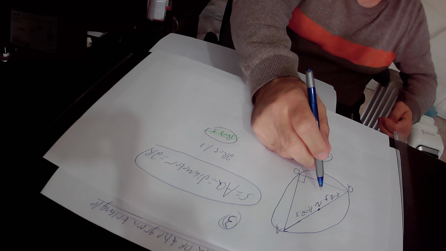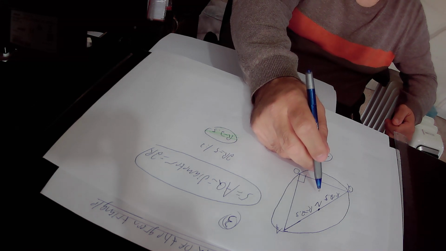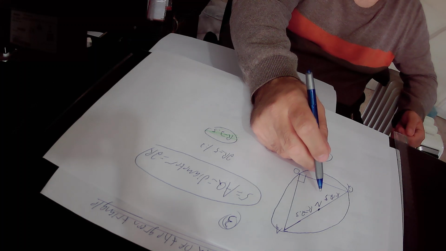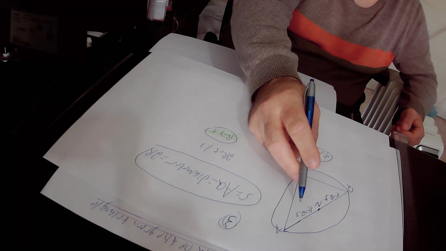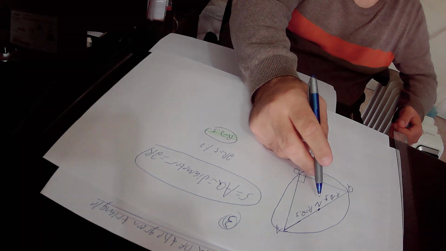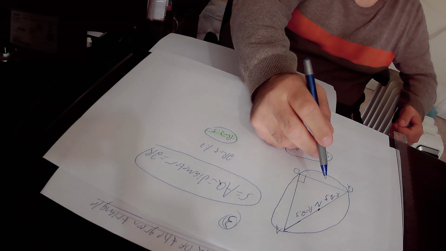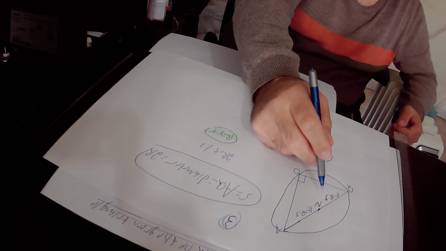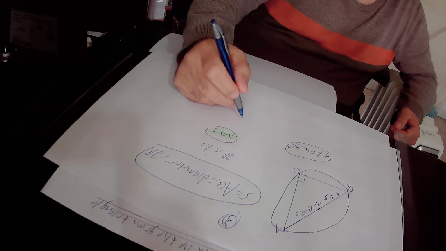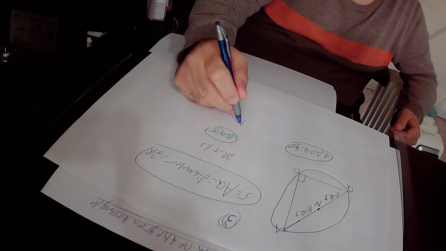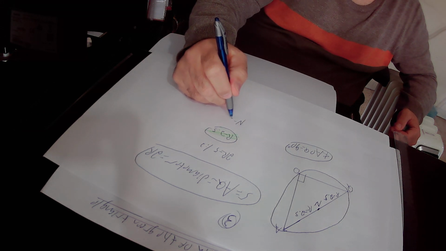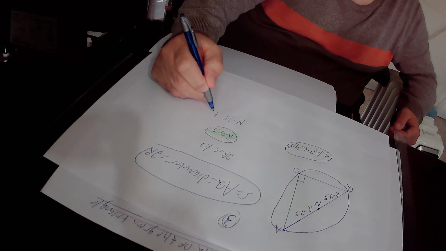Point N is the touching point between the two radii, and the touching point between the two radii must be the center of the circle. That is to say, point N is the center of the circle.